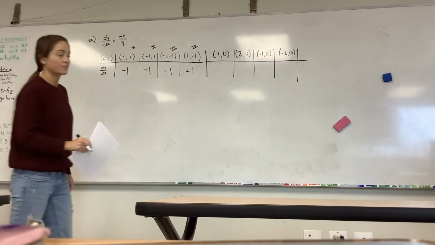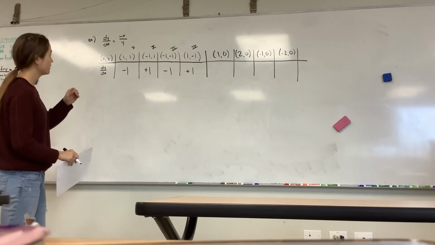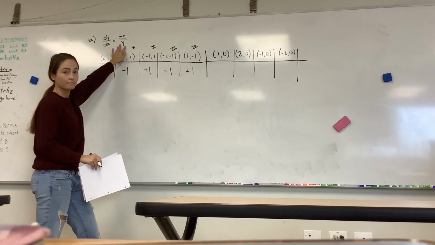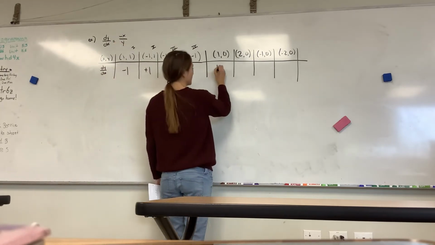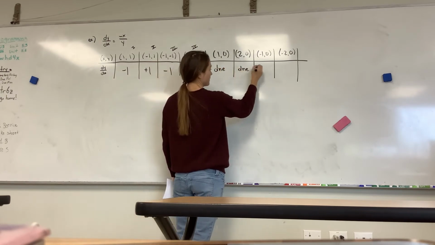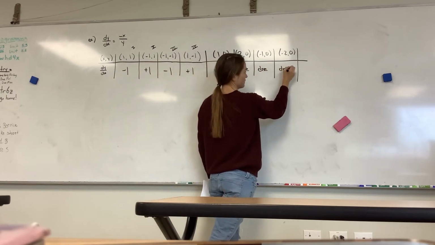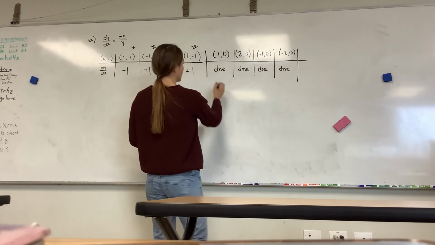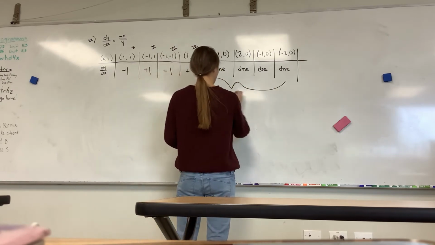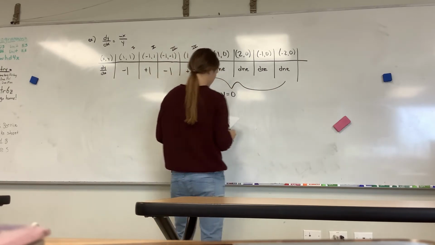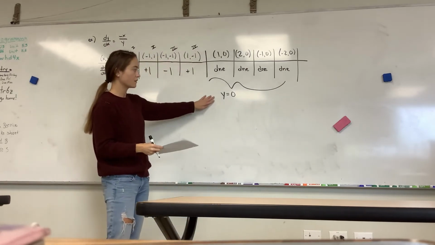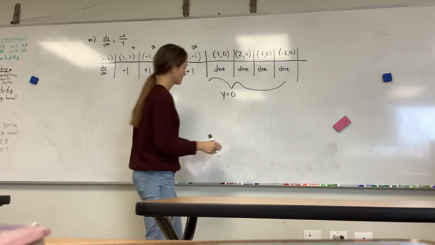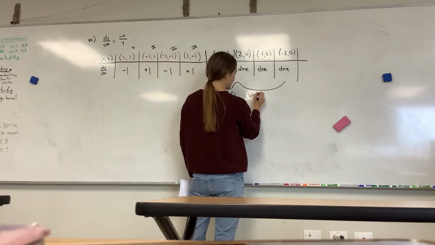Now, we've already done this analysis, but just to drive the point home, no matter what I plug in for x, it's always going to be over y, which means that all these values do not exist because that would be dividing by 0, which means here that we have an undefined slope at y equals 0. These are vertical lines.